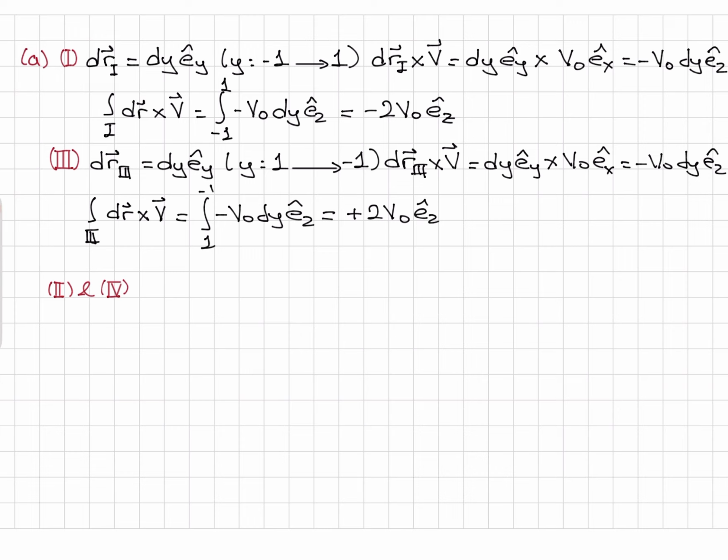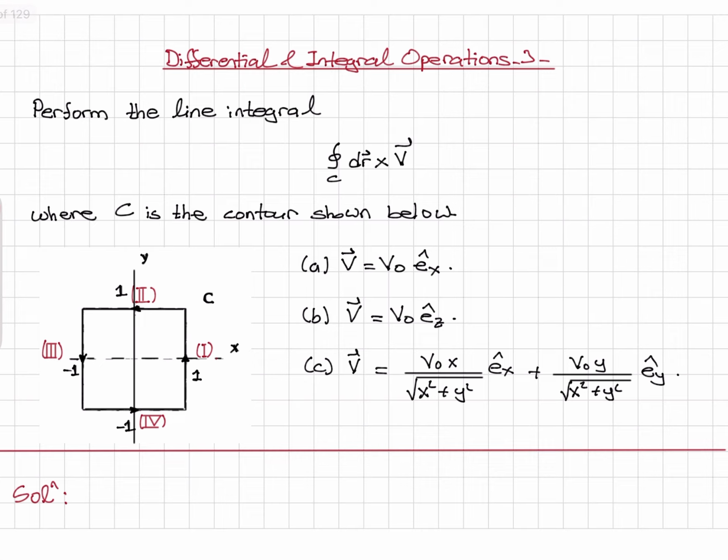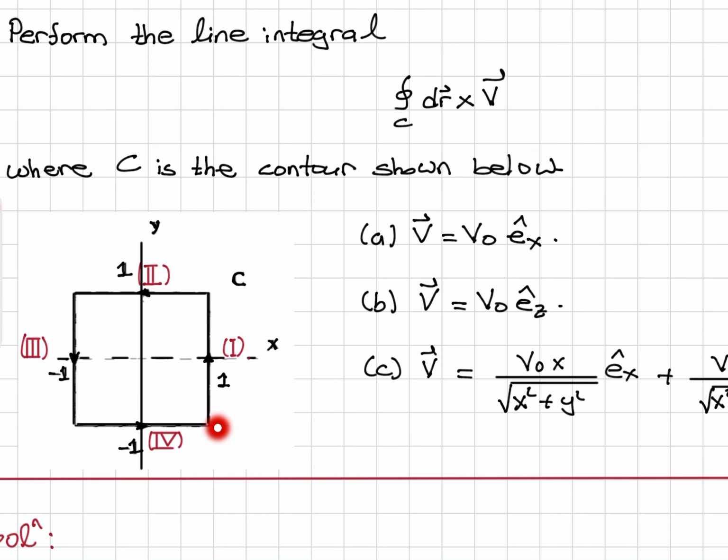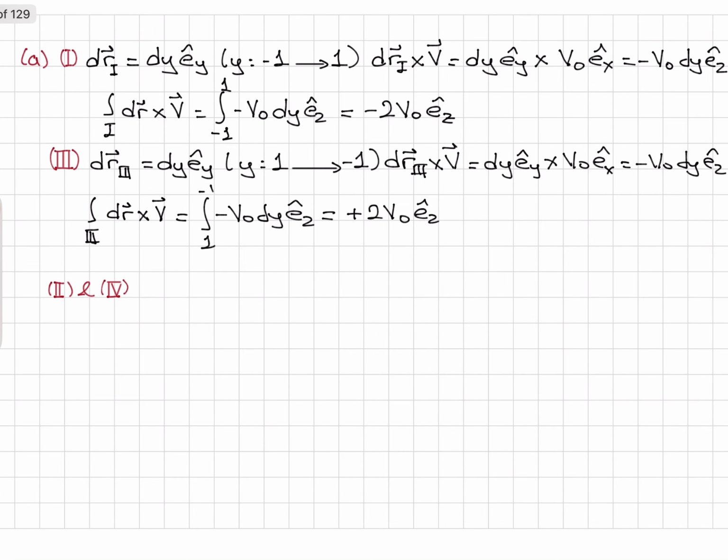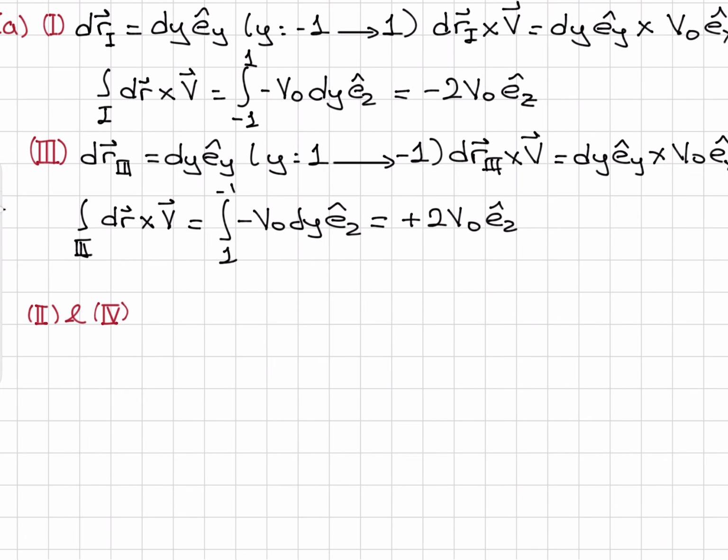Now on segments 2 and 4, similarly, I'm moving on the x-axis, so my dr vector is dx ex hat. On 2, I'm moving from +1 to -1, on 4 from -1 to +1. So on these two segments, dr vector is equal to dx ex hat.